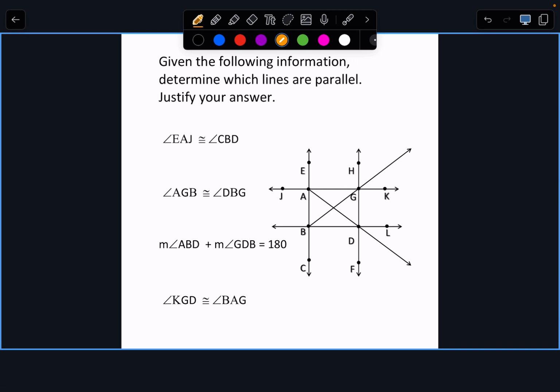Look at this first one, mark it, figure out which lines are parallel. Look at this one, mark it, figure out which lines are parallel.